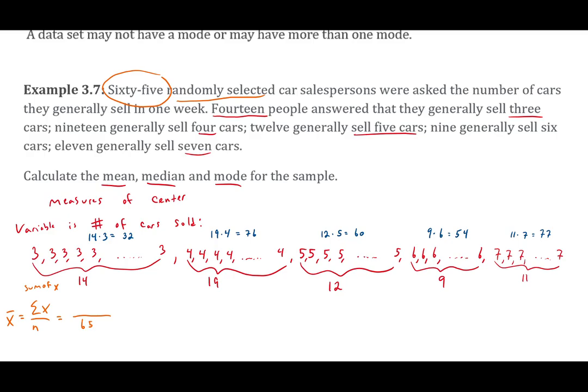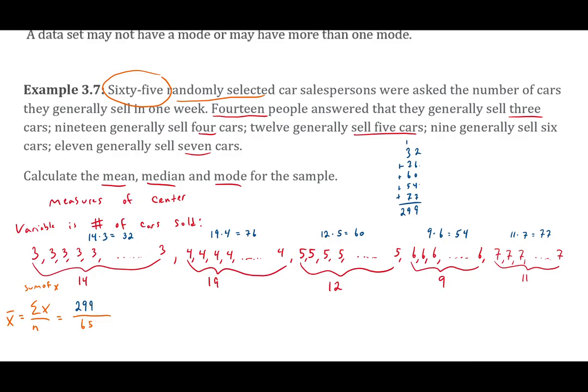If we find the sum of all of these, 42 plus 76 plus 60 plus 54 plus 77, will give us a total of 299 cars sold.